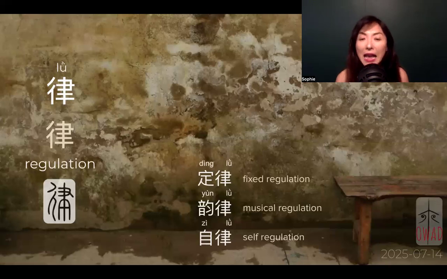So Chinese translate that type of human commonly agreed established rules of our understanding of how the physical world operates as 定律. 韵律, 韵 is related to music because we can see here is music, and then the right side means evenly distributed music, plus the regulation. What is music regulation? What regulates a music? That's the Chinese way to say rhythm. So the beat is the regulator of the music. You can go melody-wise up and down, but the beat, the rhythm, is what carries the music forward.